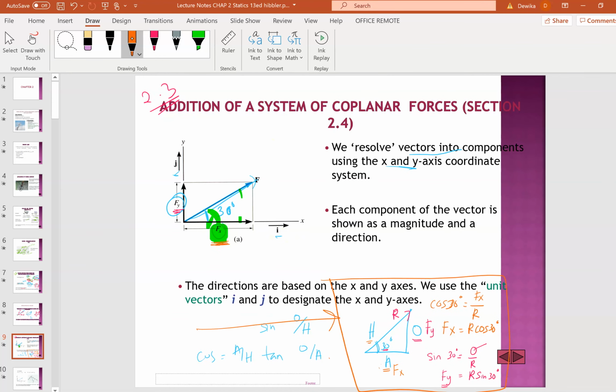To summarize, Fx would be F, the resultant, cos 30, and Fy will be sine. Opposite is always sine, so F sine 30. So you stick to that.